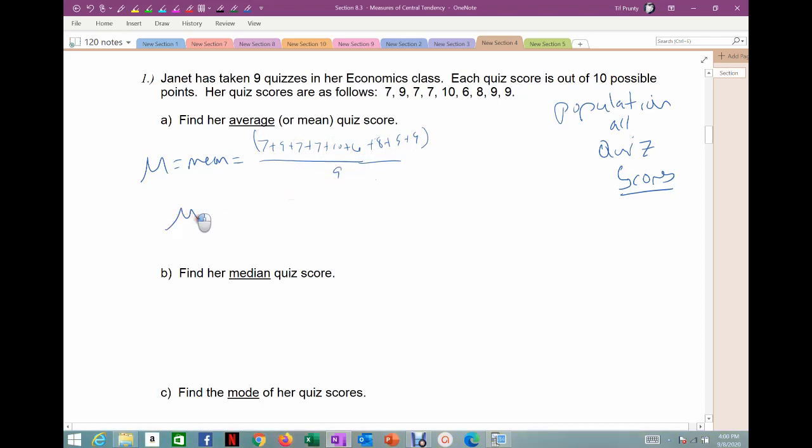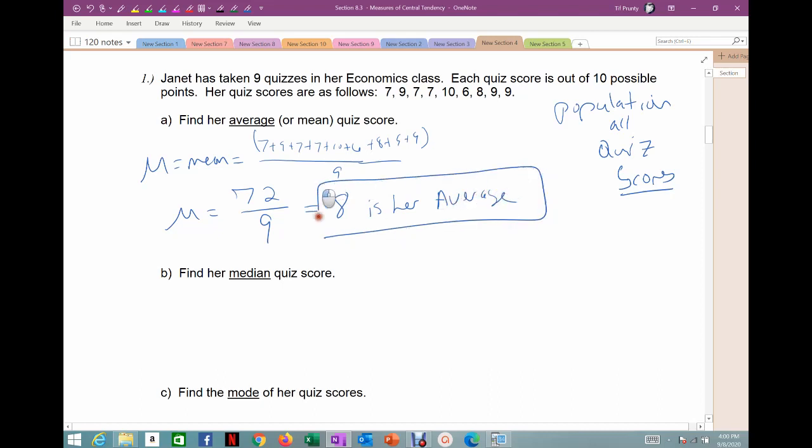Divide by 9. Alright, so we add up all the scores. That adds up to 72. Divide by 9, right? There are 9 scores, 9 values I added together. And so 72 divided by 9 is 8. So 8 is her average. Again, mean is average. So her scores averaged out to 8.